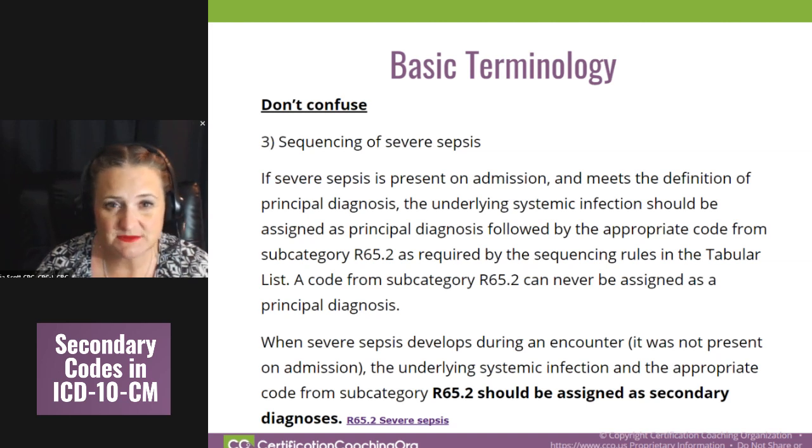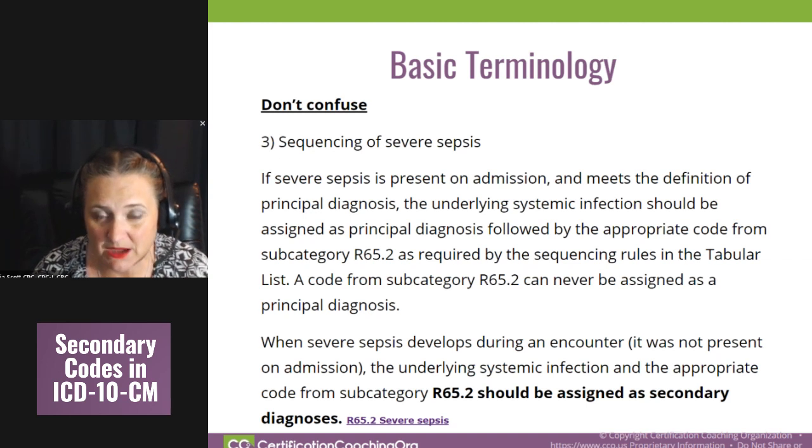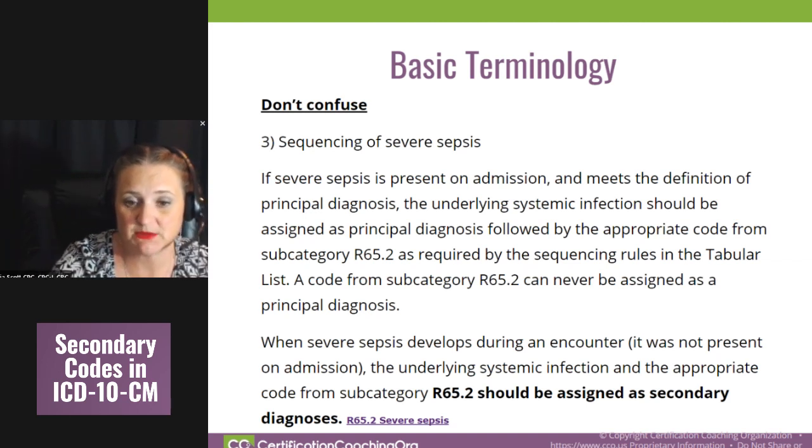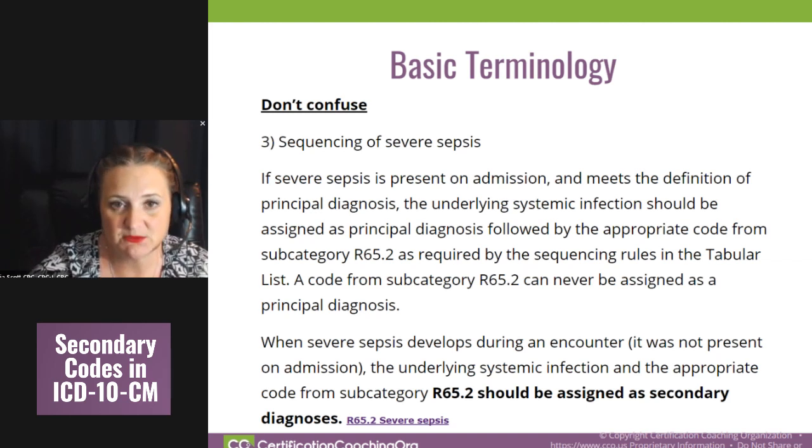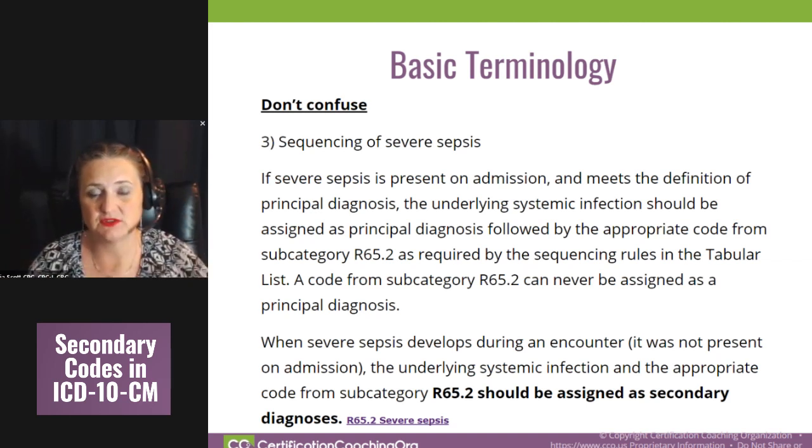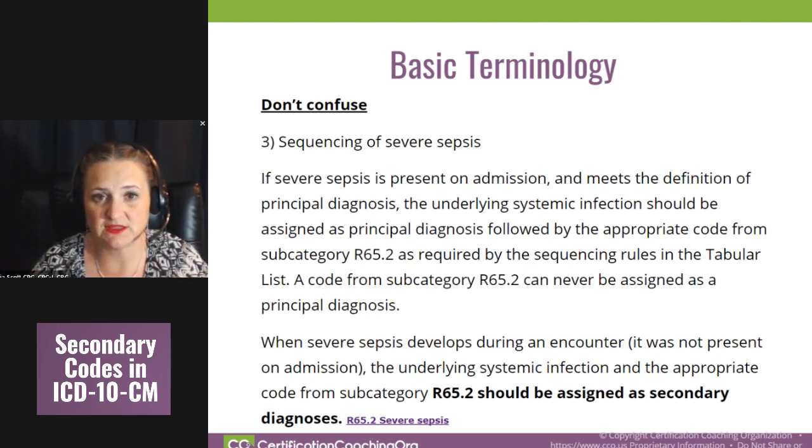But that isn't really what we're talking about per se in the scenario that she came up with. This is telling more of the story. We have a systemic infection, and that means an infection throughout the body.